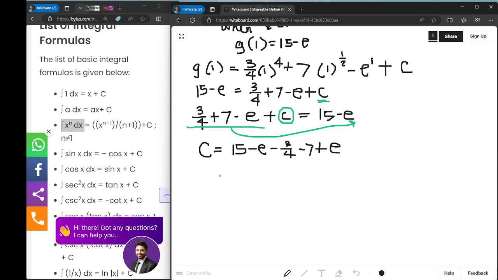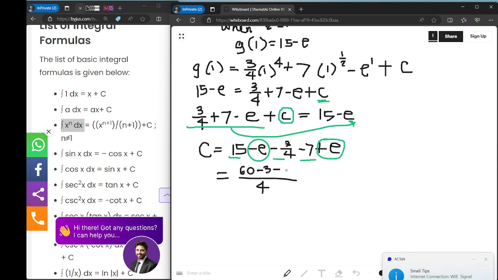Then simplify. We can combine these numbers, then these two. So negative e plus e, that's 0. But what is 15 minus 3/4 minus 7? We can use the least common denominator, which is 4. 4 times 15 is 60, then minus 3, and 4 times 7 is 28.